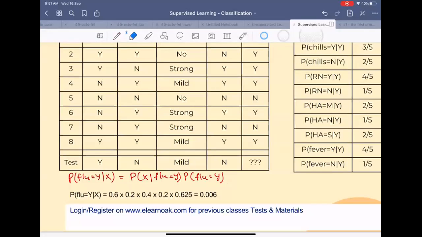Now, in the first part, the probability of the data given flu as yes will be divided into multiple parts.